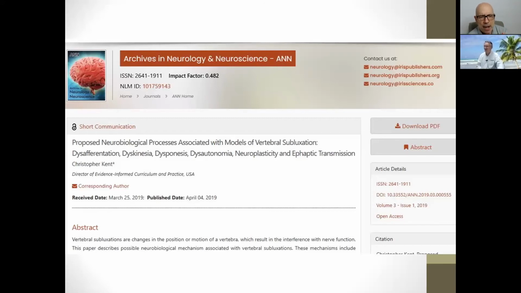Are we able to quantify or measure dysafferentation, dyskinesia, dysautonomia, and neuroplasticity? Well, we can assess dysafferentation by a number of technologies. One simple one, of course, is algometry, pressure pain sensitivity.